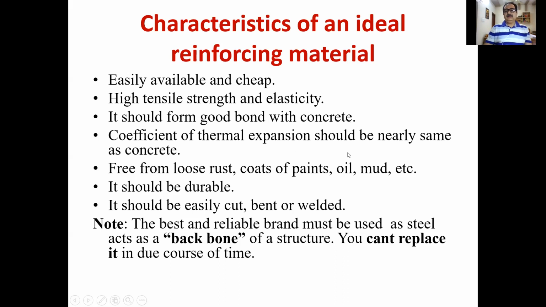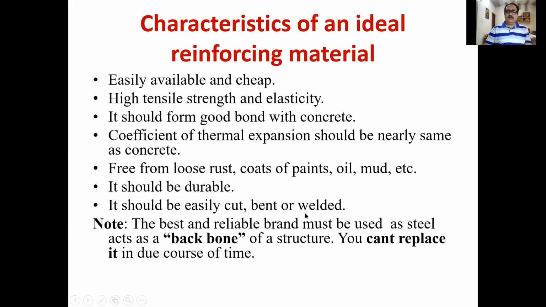Coefficient of thermal expansion should be nearly the same as that of concrete. As we all know, all materials expand on heating and contract on cooling. So if two materials are combined to form a composite material, which is RCC, the thermal expansion of both the materials should be nearly the same, so that they can expand together and contract together.